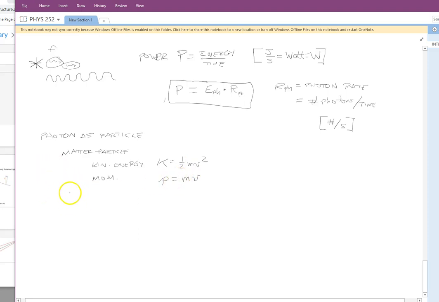Well, we can treat the photon as a particle because light does carry momentum. We didn't discuss this with the wave model, but even in the wave model, light does carry a momentum, right? It can transfer momentum. When light hits a surface, energy is exchanged because energy is being carried in the wave.